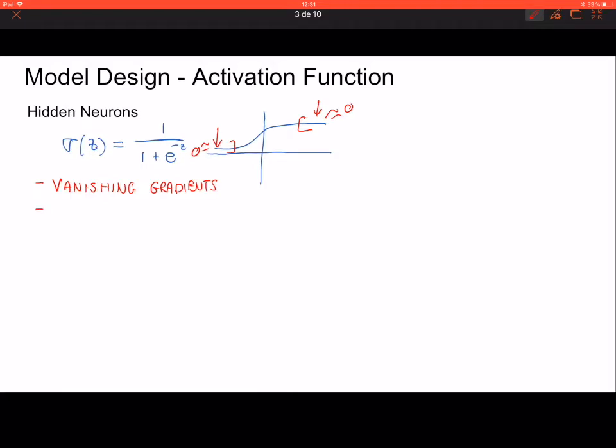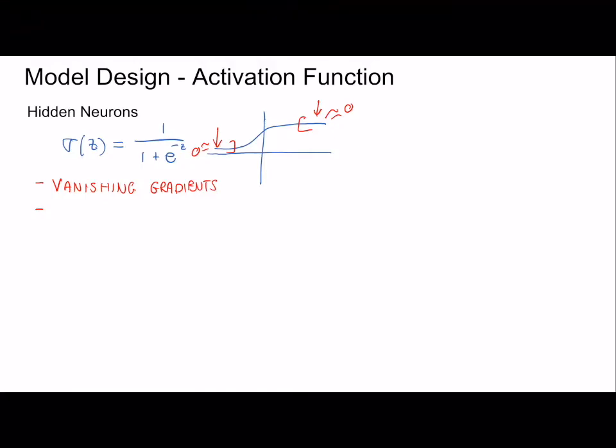But then another problem that we face is that this function is not symmetric. It is not symmetric with respect to 0. And what that means is that the output, which is normally denoted by a, is always going to be positive.